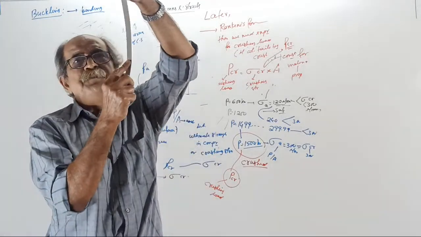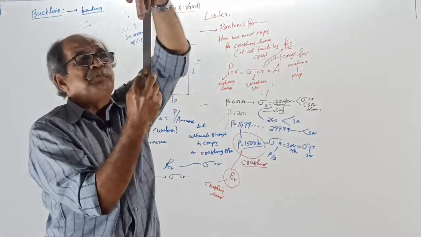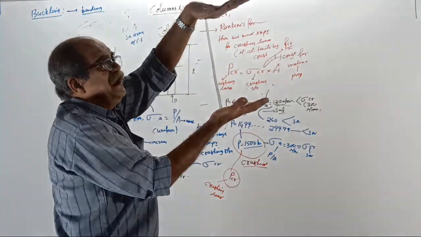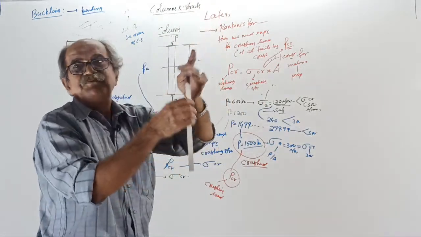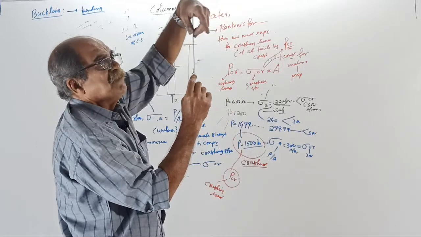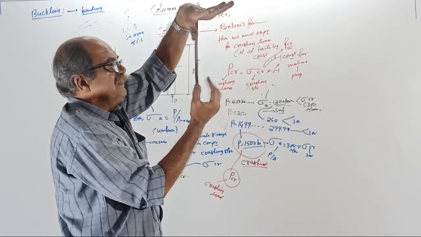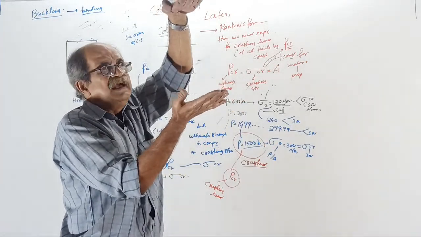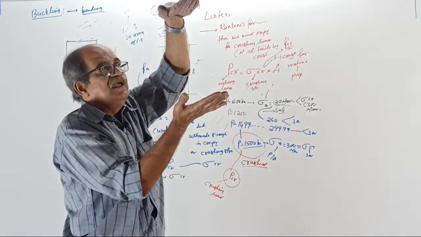Now, if I take this member and apply axial compression, you can see I am applying light load. This is already bent because of huge bending, don't see that one. If I apply axial compression lightly, nothing happens. It is okay, it is taking load. As I increase the load, see now correctly.